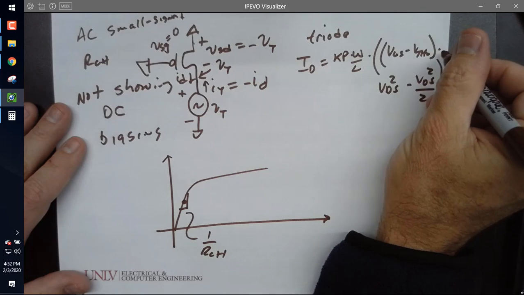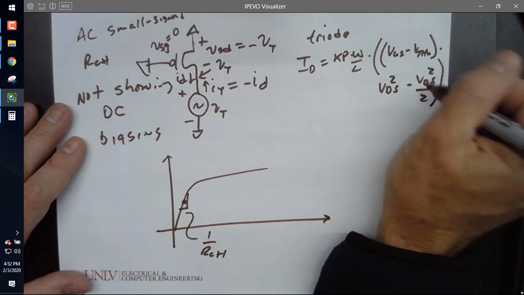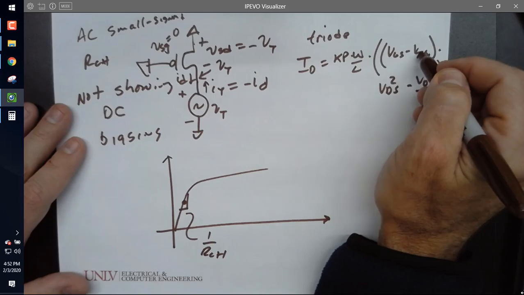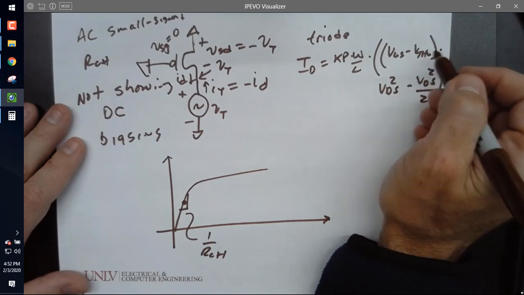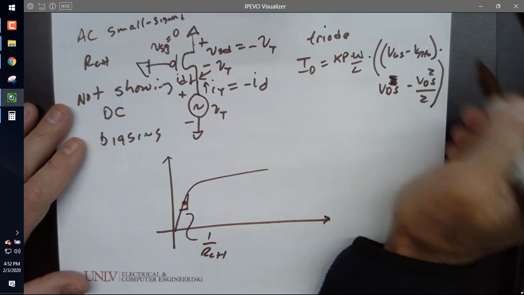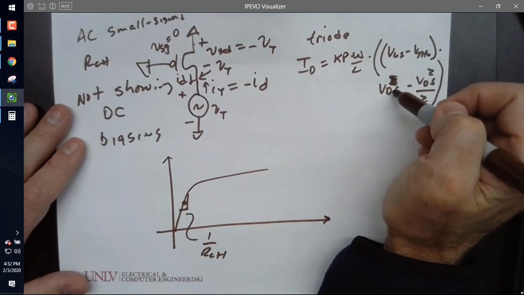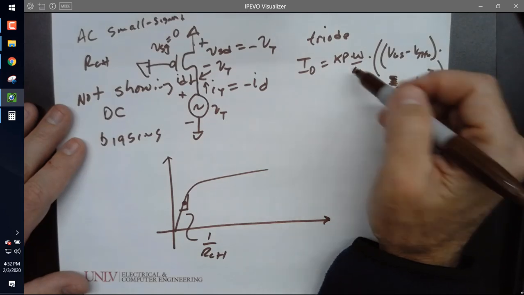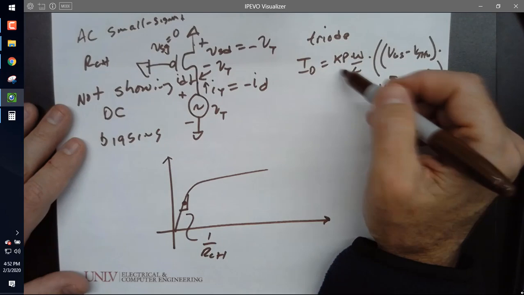So this VDS is this VDS, and at the boundary between triode and saturation, VGS minus V threshold N is VDS. Oh, whoops, that's not squared. And so that becomes VDS times VDS, or VDS squared minus VDS squared over 2, or 1/2 VDS squared, and that gives me the 2 out there.